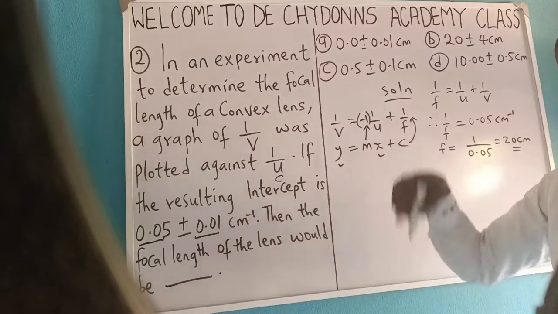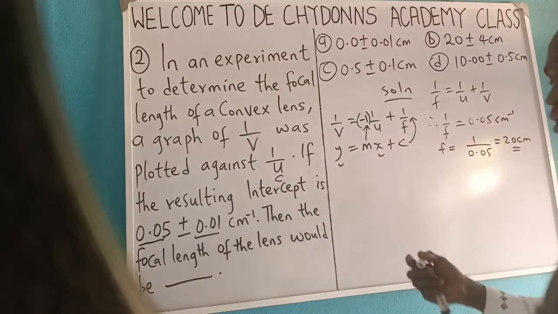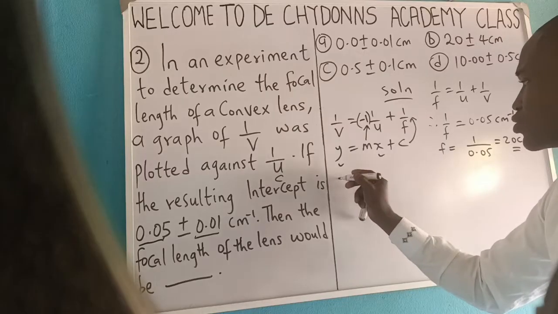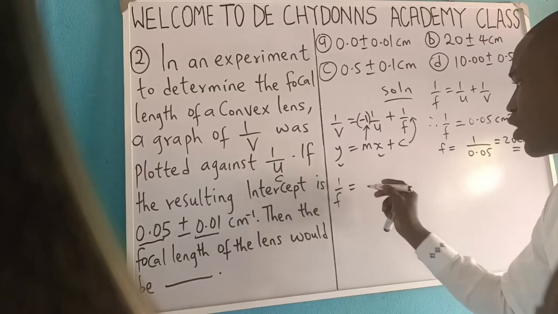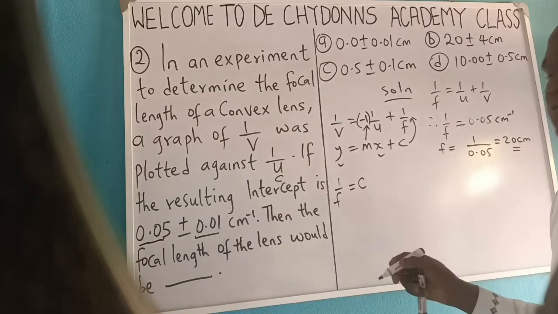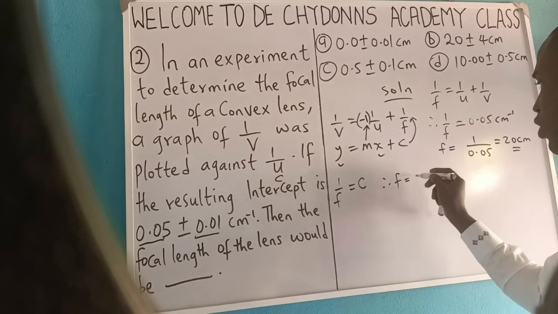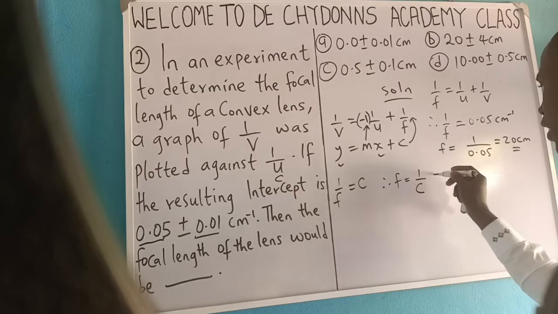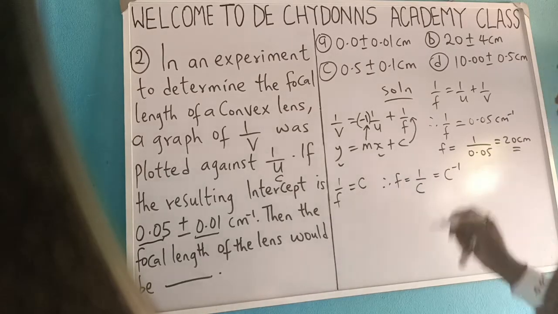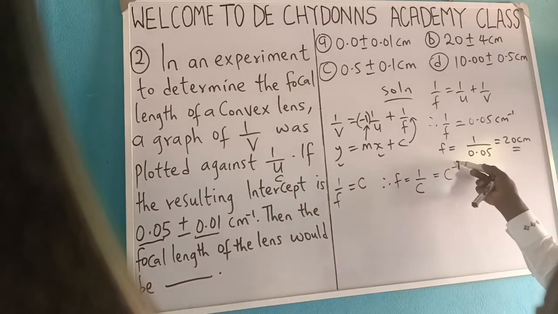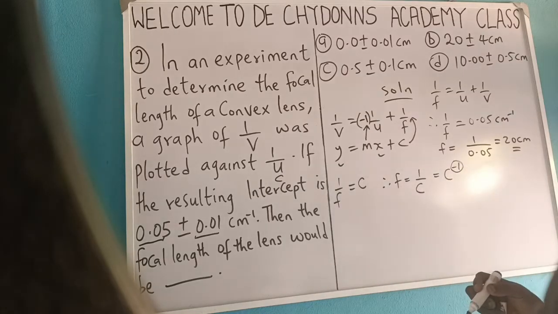So we need to get the error in getting the focal length. Since 1 over f is equal to the intercept c, are you getting it? Therefore, f is equal to 1 over c, which is c raised to power minus 1. You will notice that this c has a power and the power is minus 1, right?